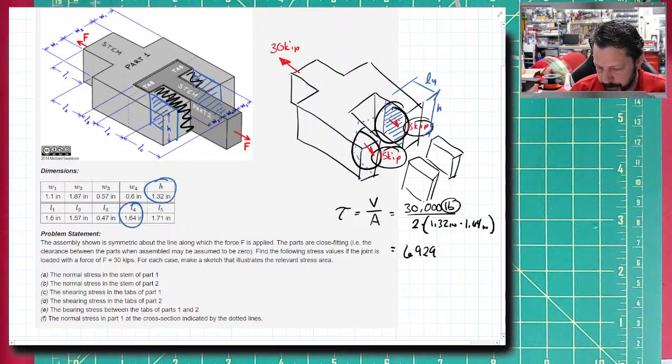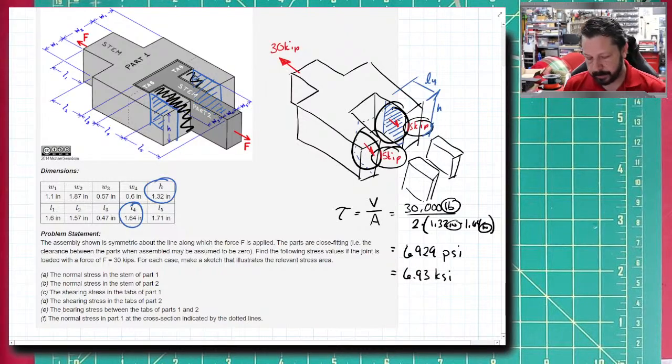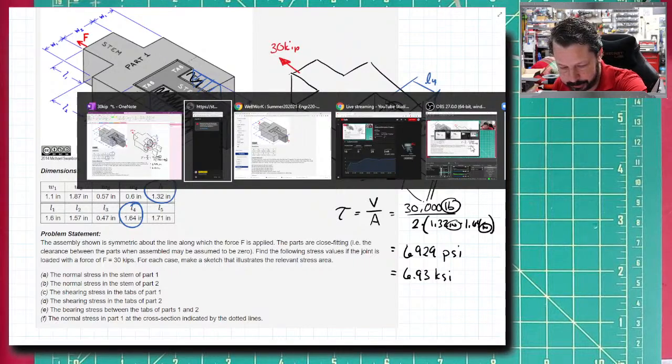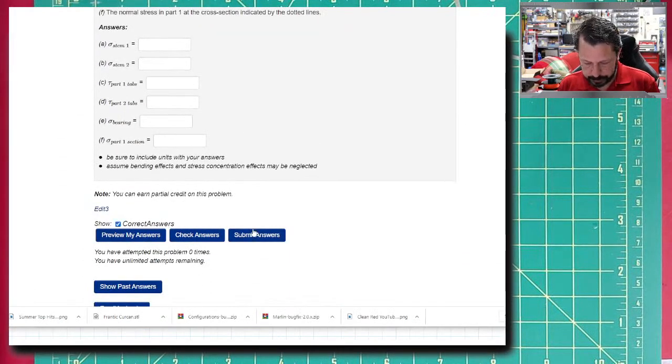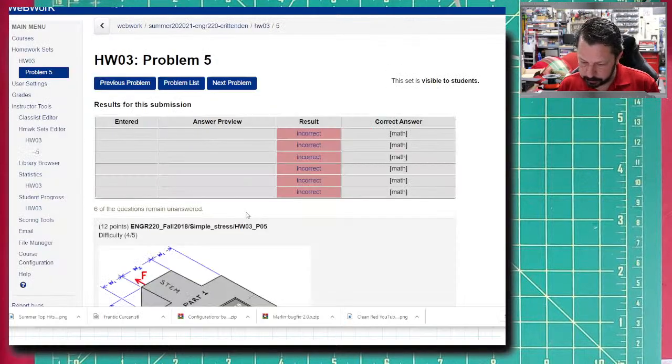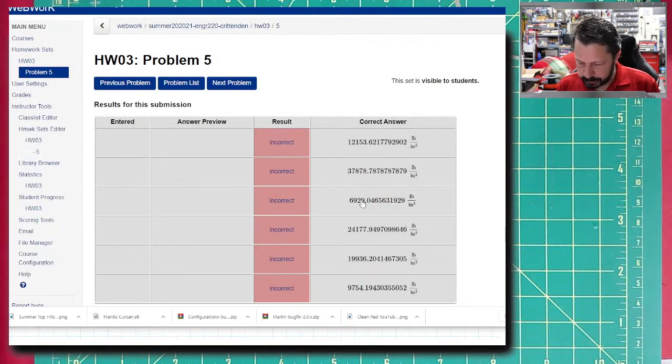Those units would be pounds per square inch, so that's PSI, or 6.93 KSI. Hopefully that's actually the right answer. I didn't check that, so let's show the correct answers. Gotta log in. There it is right there, the 6929. So we were right.